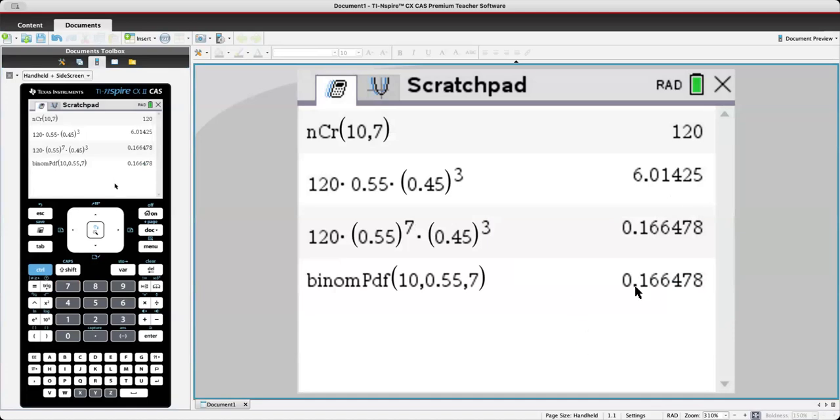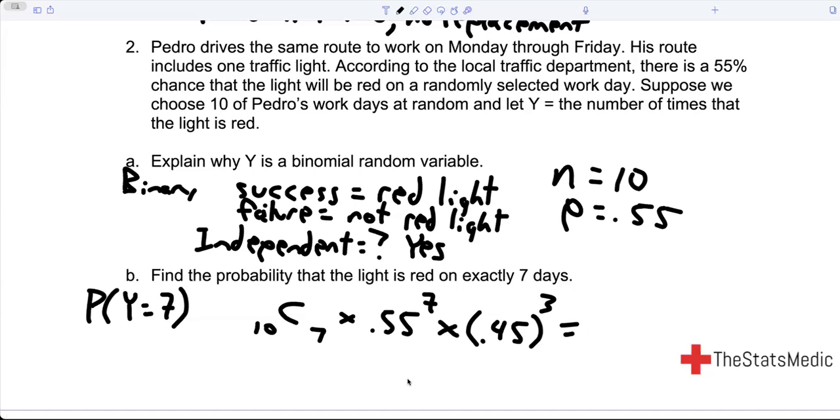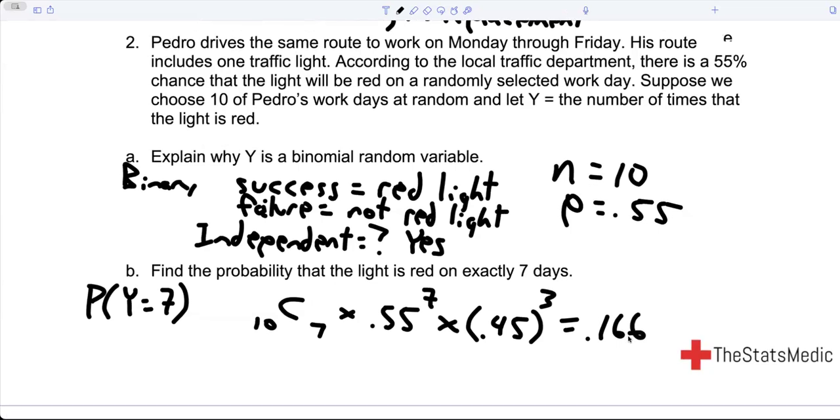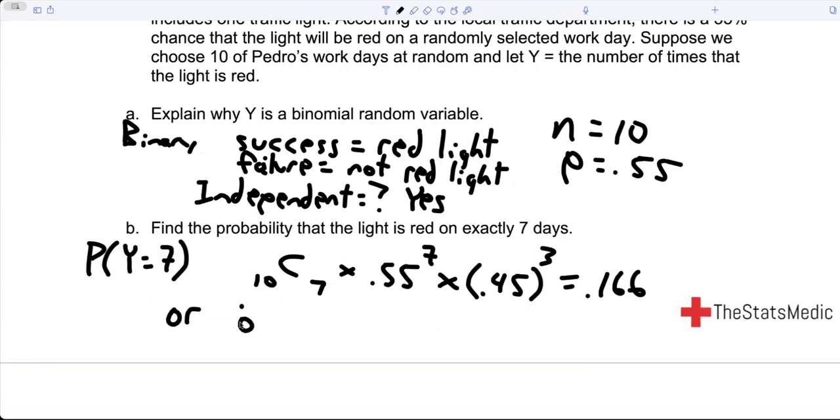Let me go back to the notes here for just a second. So this was 0.166, or we're going to do binomial PDF, where we have 10 trials, probability of success is 0.55.